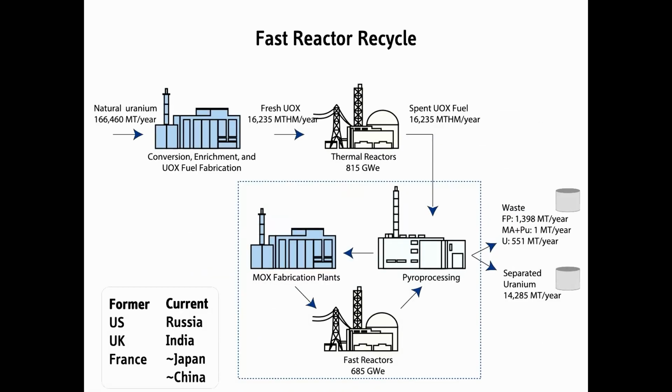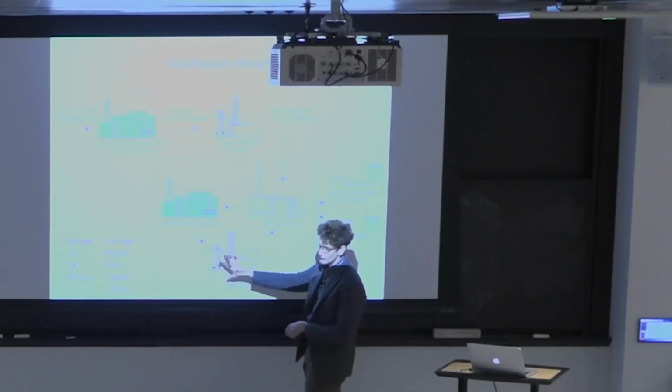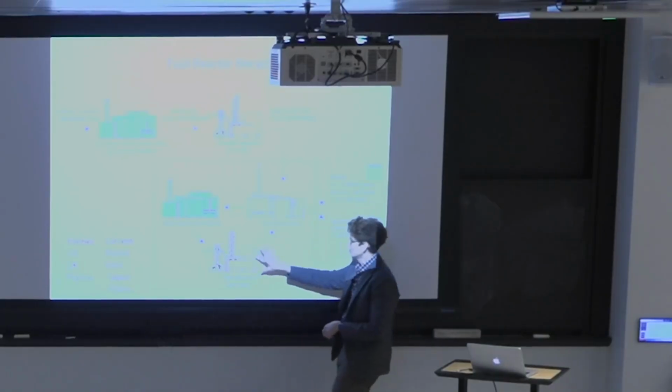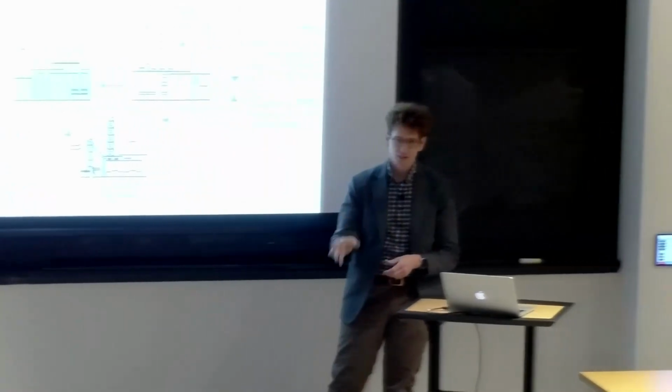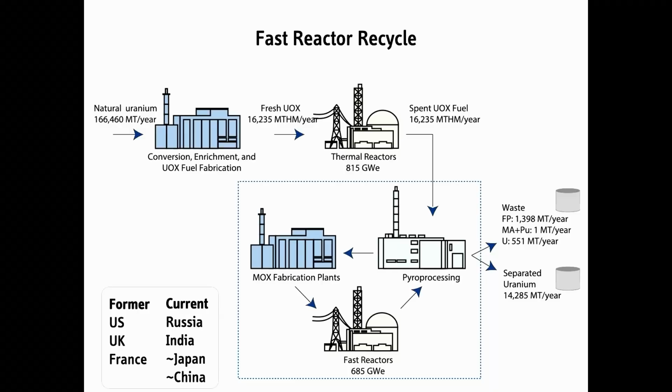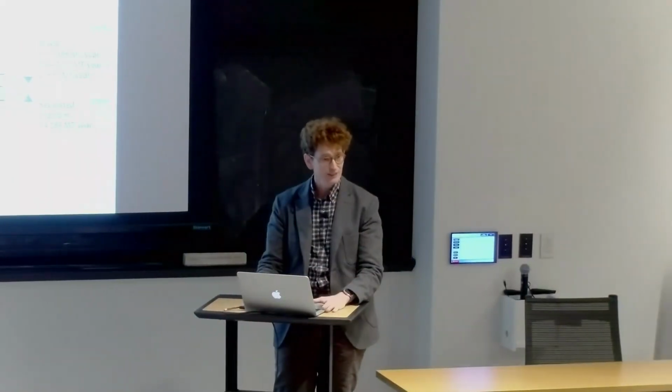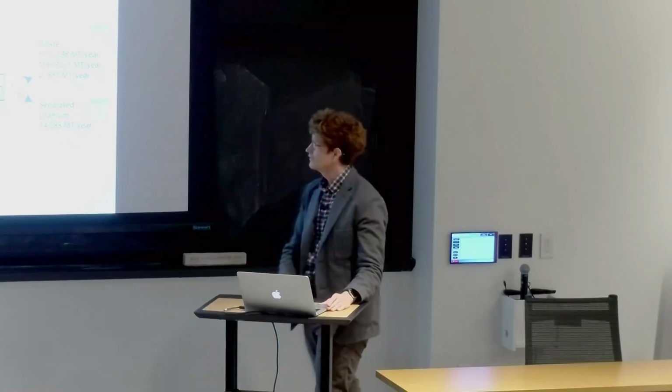The Russians, in particular, like the idea that you will have fast reactors, and you can more efficiently burn the MOX fuel in a fast reactor and burn up a lot more of the transuranics. So that is the idea. TerraPower is basically this concept. So this idea is back.